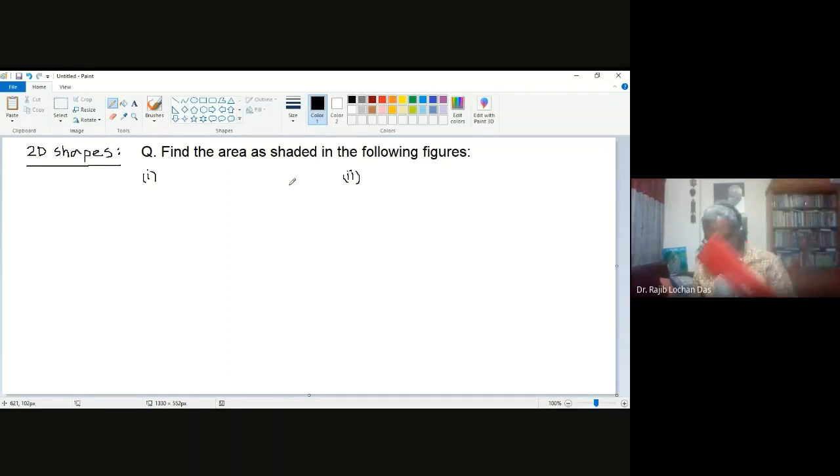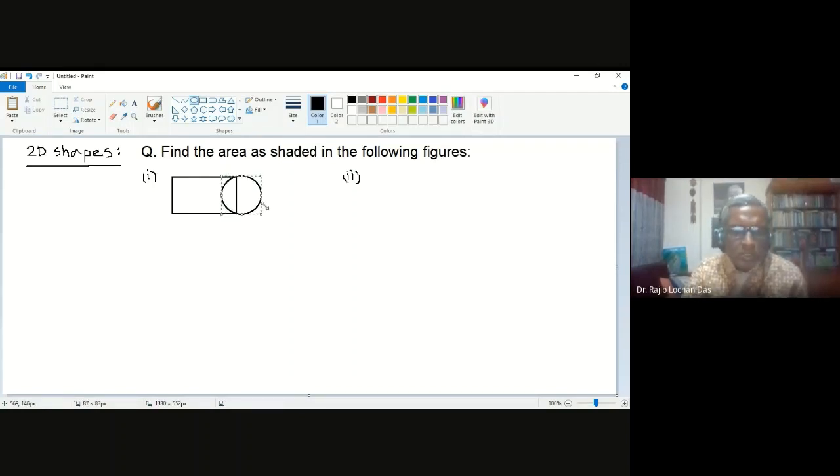So I will now mix up some things. I am having a rectangle, and at the same time I am having a circle also.